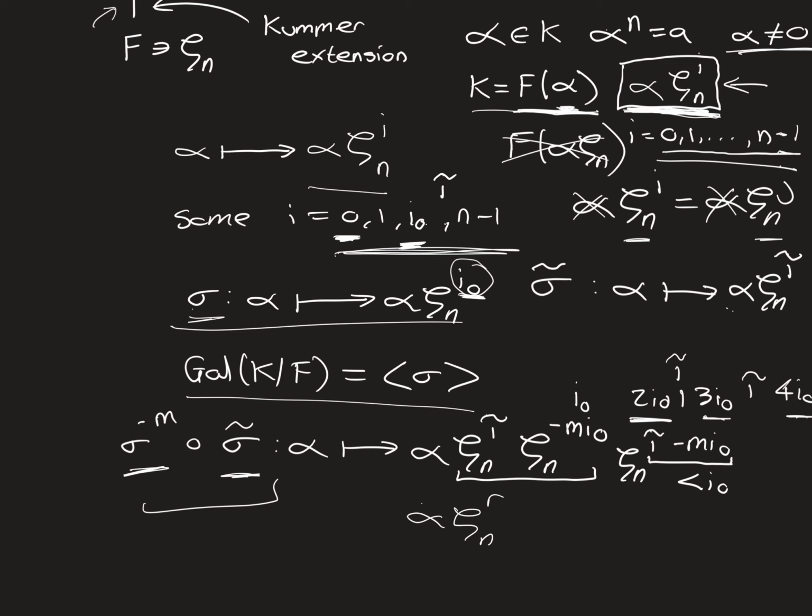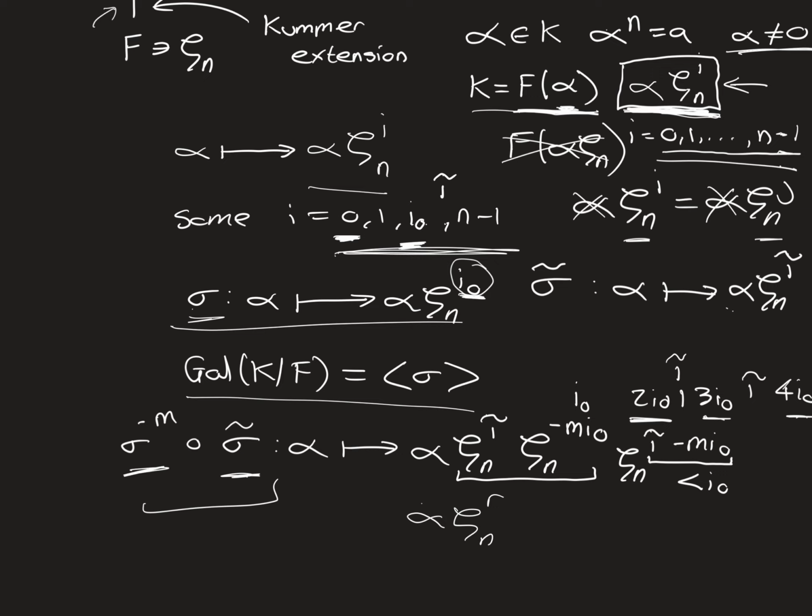What is the cardinality of this cyclic group? Well, it's going to have to be some cardinality that divides n. Let me pause to think for a moment. Yeah, I figured it out.